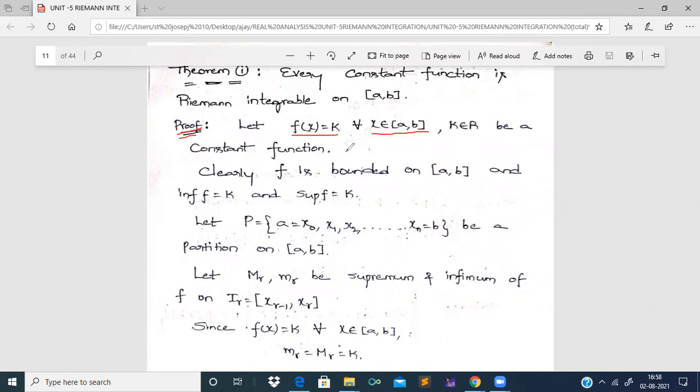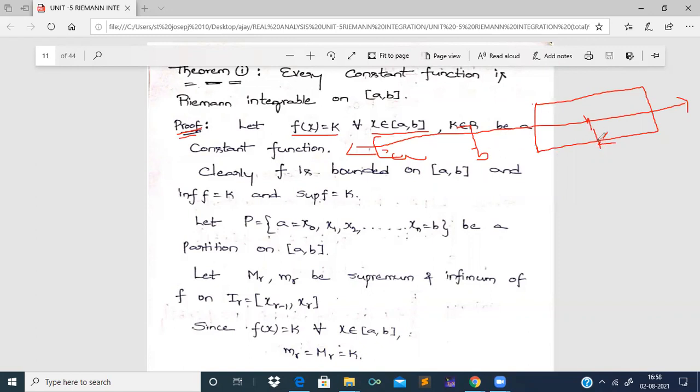It means that if I take a real number line, on which I take a closed interval a comma b, and take the values of all f of x, then f of a will be equal to k, f of b will be equal to k, and f of c, where c is a value taken between a and b, is also equal to k.